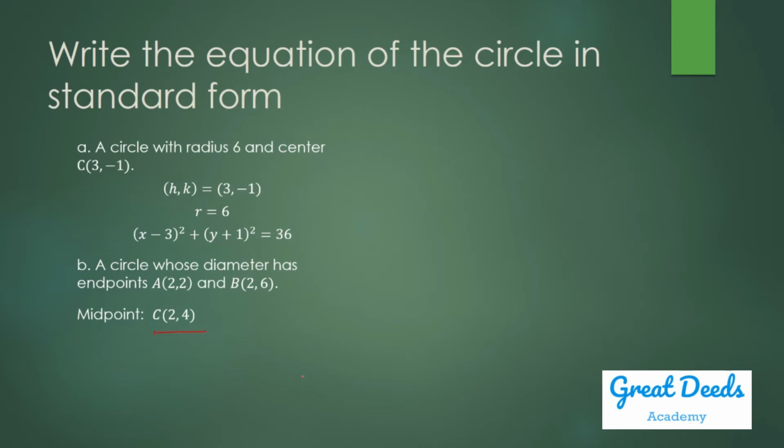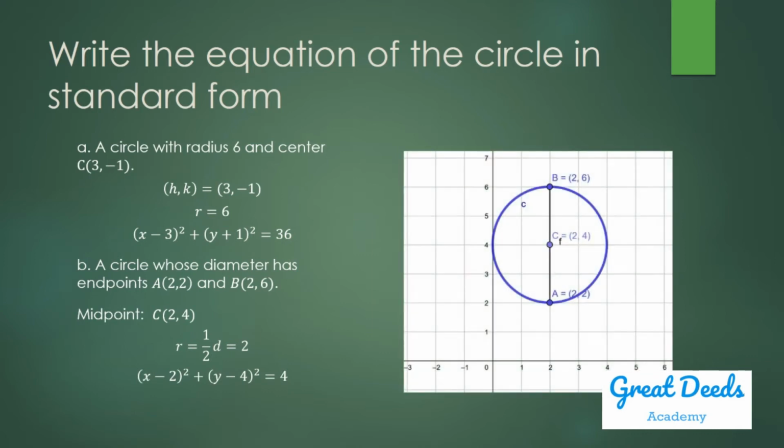How do we get the length of the radius? We know that the radius is equal to 1/2 times the length of the diameter. Now look at this. This diameter is vertical. We can use the distance formula to get the length of a vertical line segment, but since this is vertical, we can just ignore the x coordinate and pay attention to the y coordinates. 6 minus 2 is 4, divided by 2 is 2.